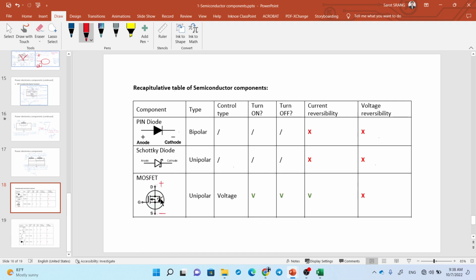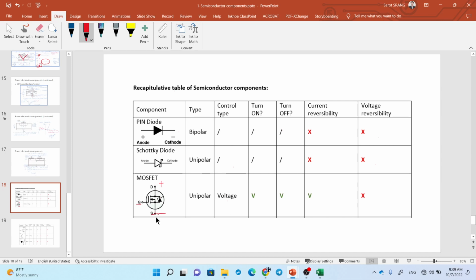Because this is a diode, right? So the type of control of this device is voltage. You need to have potential at the gate higher than the source.